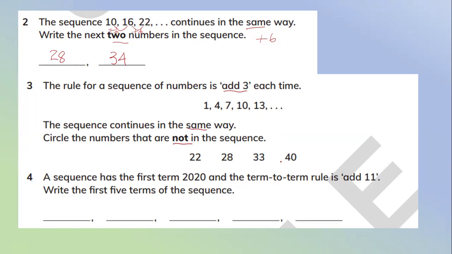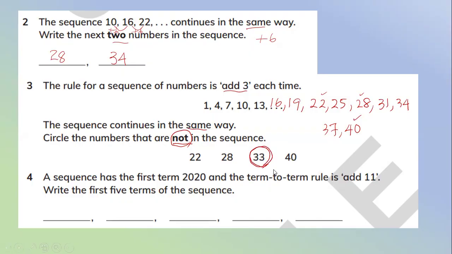So we have to continue up to 40. 13 plus 3 is 16, 19, 22, 25, 28, 31, 34, 37, 40. Not in the sequence: 22, 28, 33? No, 33 is not in the sequence.